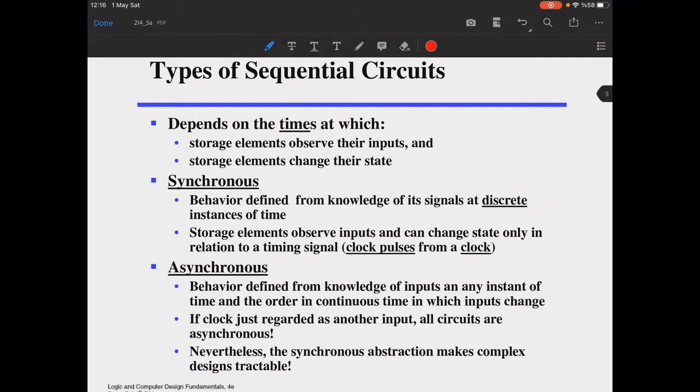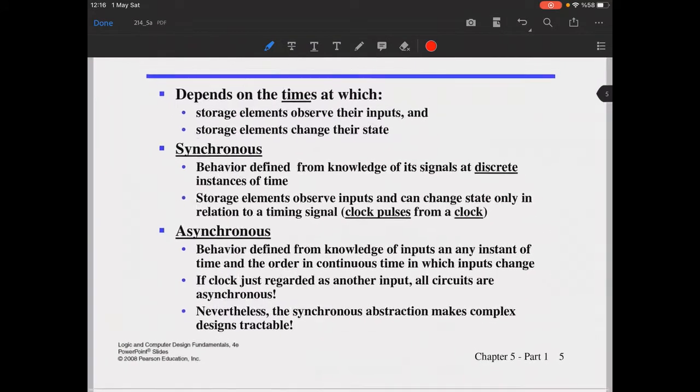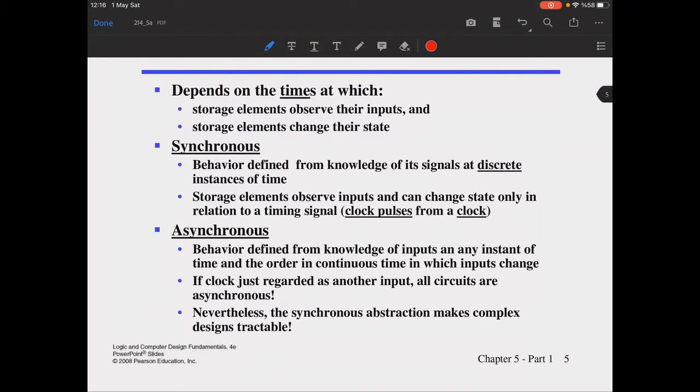The storage elements observe their inputs and can change their state only in relation to a timing signal, such as clock pulses generated from a clock. You provide an external clock to your system, like a crystal oscillator or something like that.